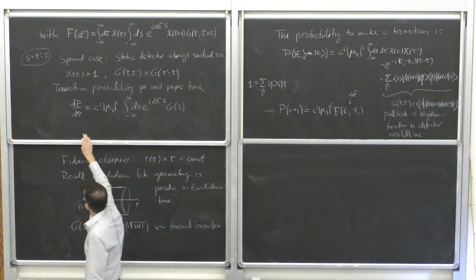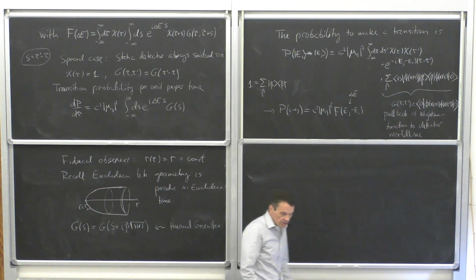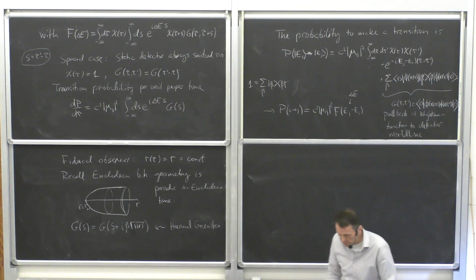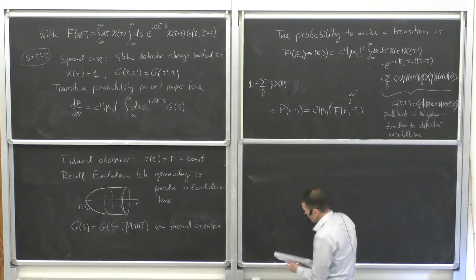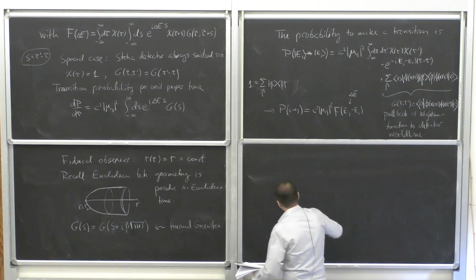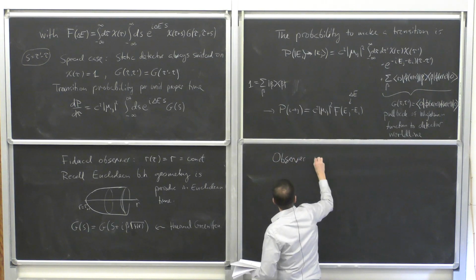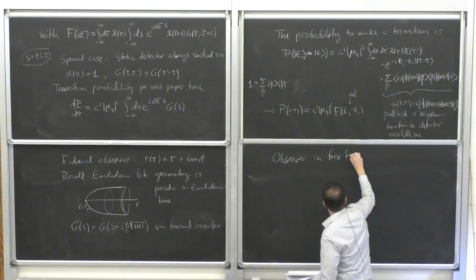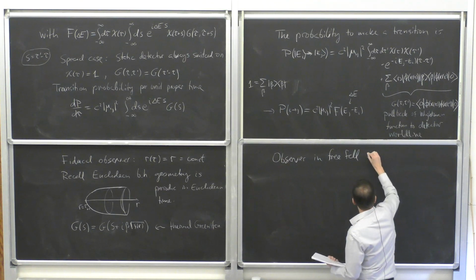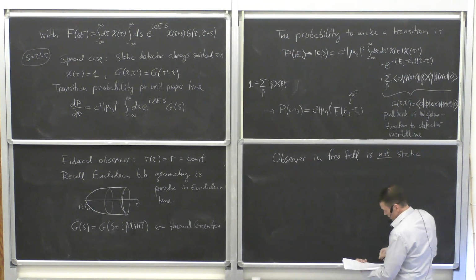But in order for this to be an interesting setup, you need some separation of scales. So instead, if you have an observer in free fall, then it's not static, right?